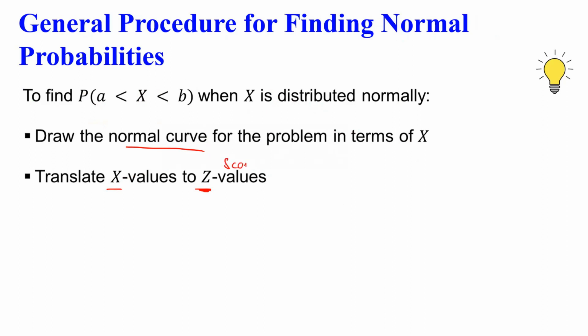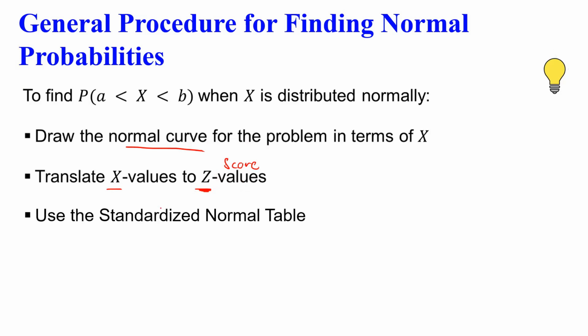Some books refer to Z score, or Z values. And you need to use the standardized normal distribution table to obtain the probability or the value.